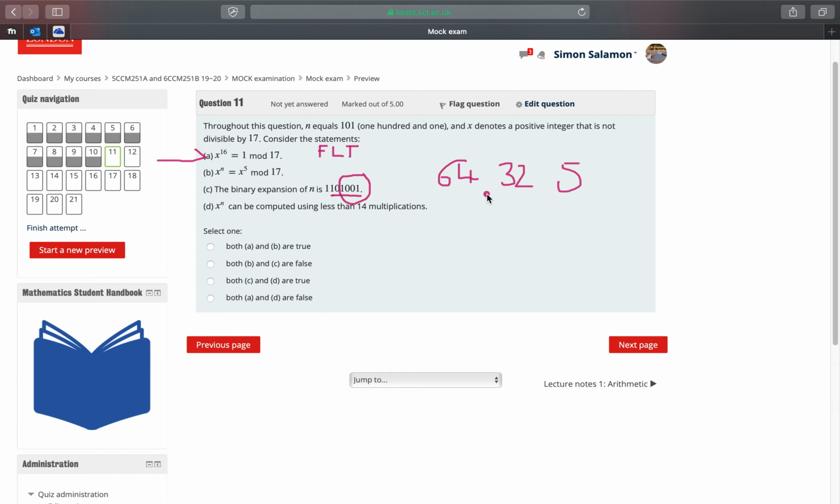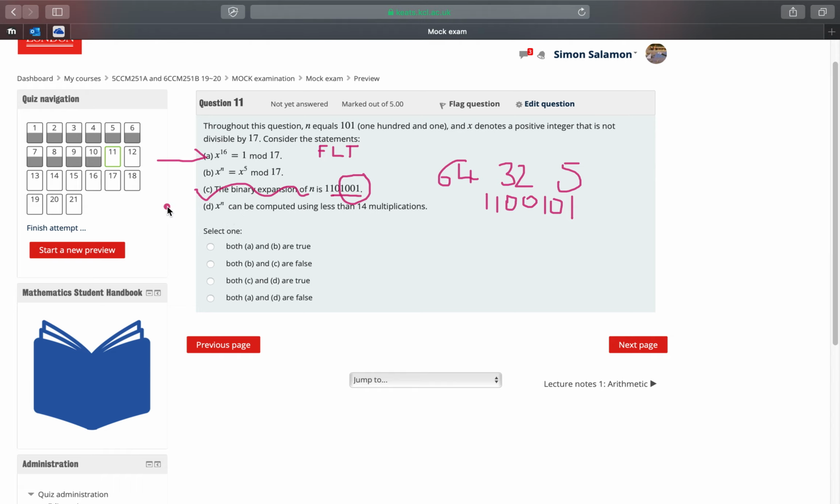It should have been 1, 1, 0, 0, 101. 5 is 101 in binary, a different 101 from this one. So this is definitely wrong. That's just very elementary. So this is wrong.